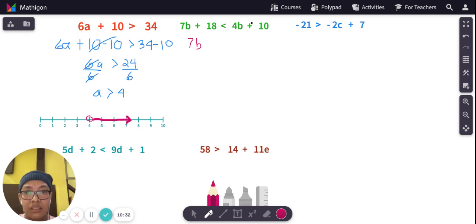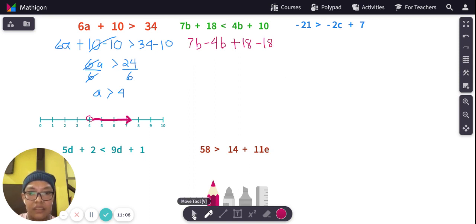So this is negative 4B. Later you will see why. Then this is positive 18. To remove that, you subtract 18.